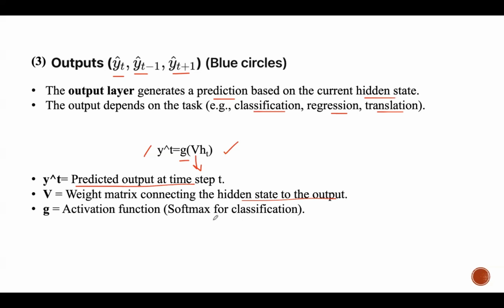Say, if the task is classification, then the softmax activation function will be considered. And if this V value is too small, then the outputs may be weak; they are considered to have low confidence. If this V is too large, predictions may be unstable. So proper training ensures this V correctly maps features from the hidden state to the output.